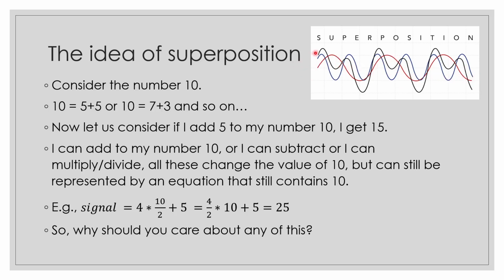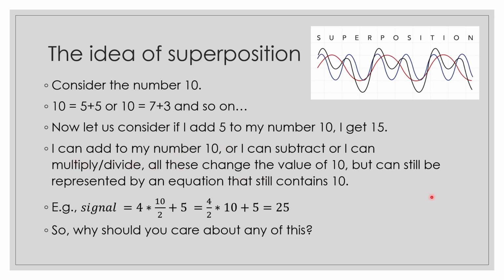A better way to understand this at a more fundamental level is to consider the number 10. 10 you could rewrite as 5 plus 5, or 10 is equal to 7 plus 3, and so on and so forth. But let's consider if I add 5 to my number 10, well, I'll get 15. I can add any number to my number 10, or subtract any number, or multiply, divide.